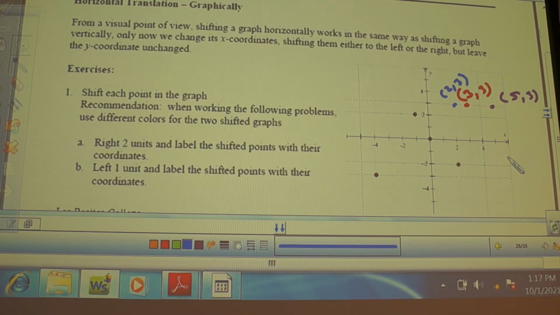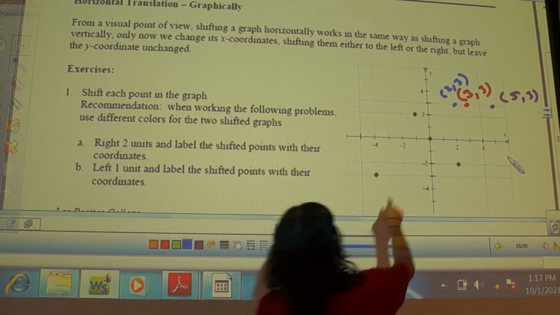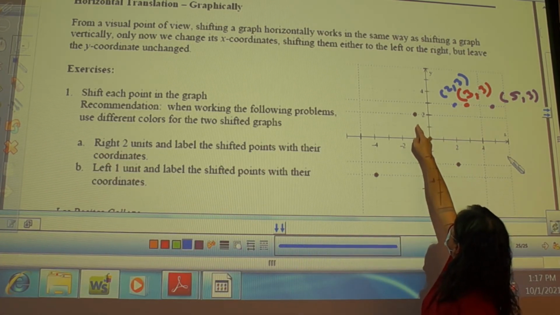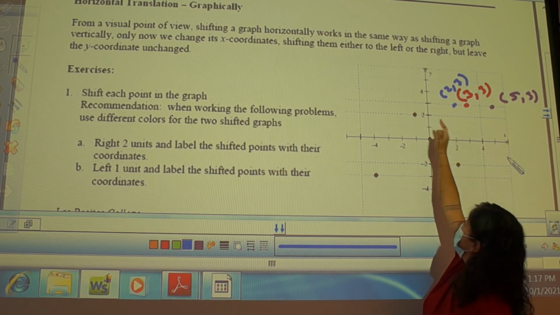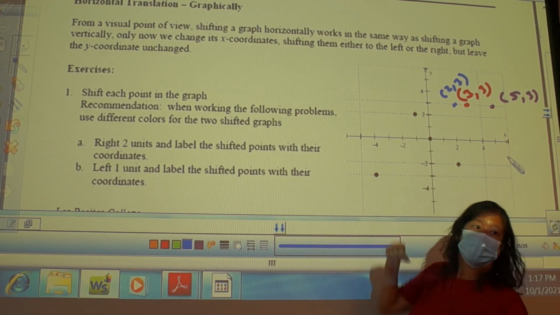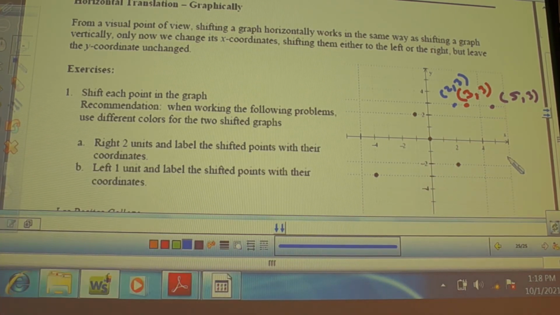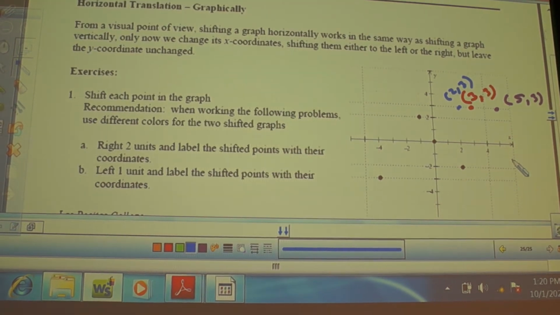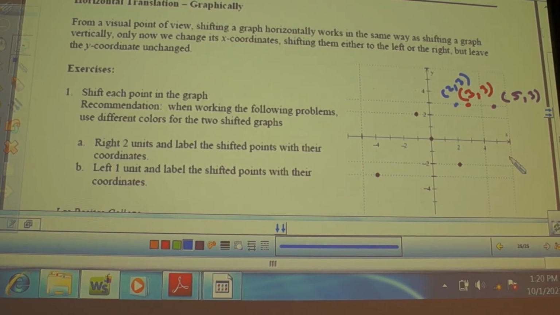What I would do is I would do this one, label it, shift it 2 to the right, label that one, shift it 1 to the left, label that one. We'll take a couple minutes, we'll do that. So if you're at home, pause now, and then resume when you're done. Okay. Pause the video is what I meant.